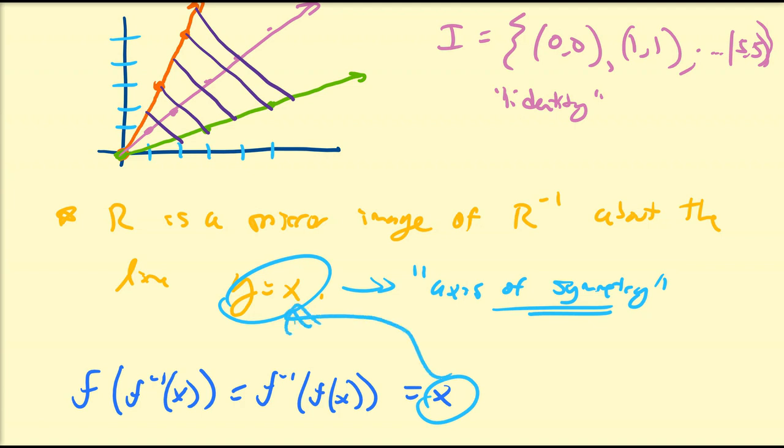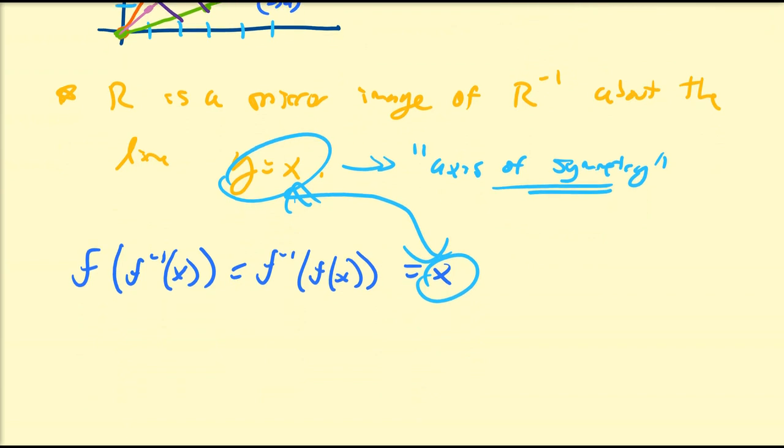Notice the comparison with this. If we compose one point with another, we're always going to get some point located on this axis. Because if this point here is (a, b) and this point here is (b, a), every time we compose those points with each other via the inverse, we're always going to get a point on the axis of symmetry, regardless of the point that we choose, which is really amazing.